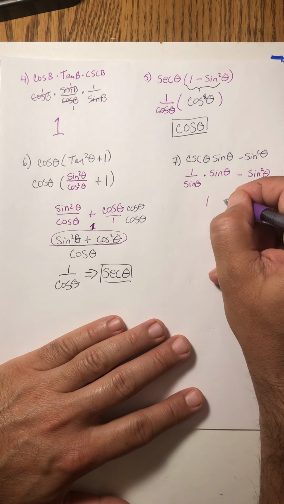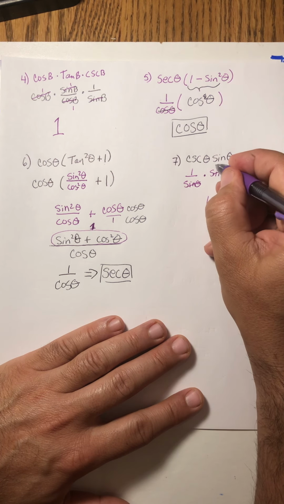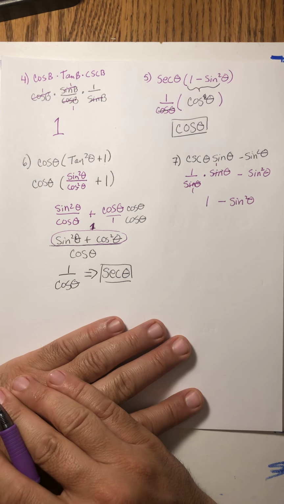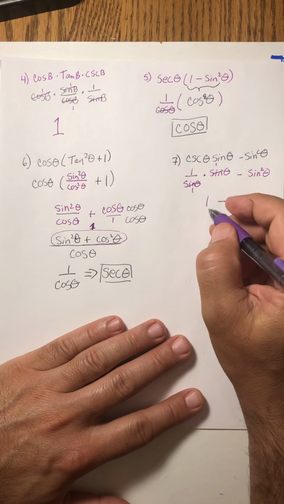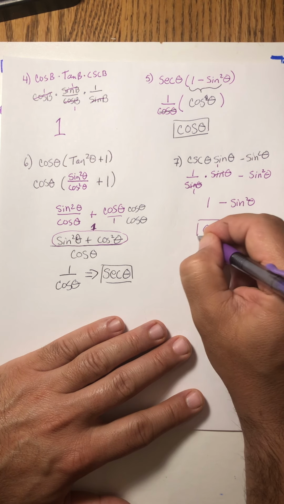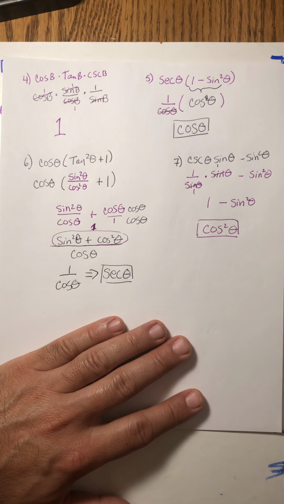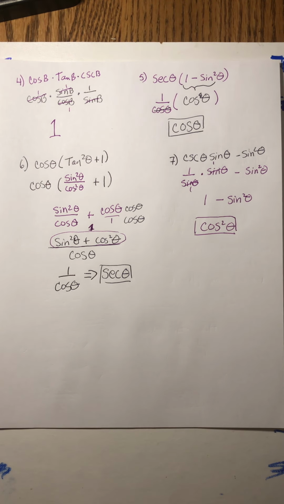So I have 1 minus sine squared of theta. And then rule number 3, what do we know about 1 minus sine squared of theta? That is equal to our cosine squared theta. Remember, apply rule 3. Okay? So we just did simplifying trig expressions.